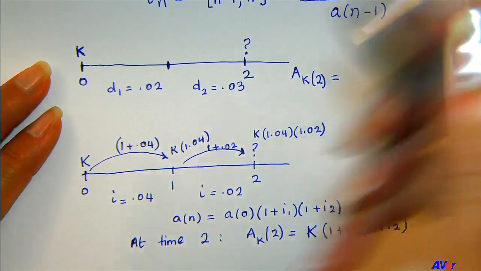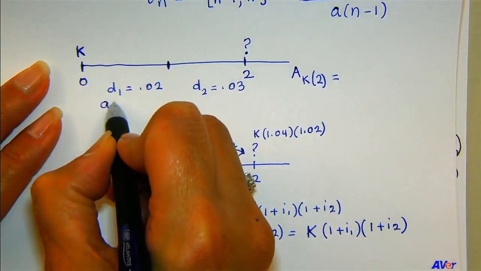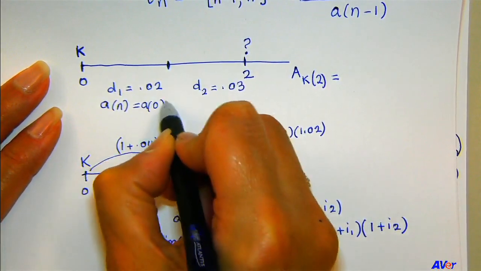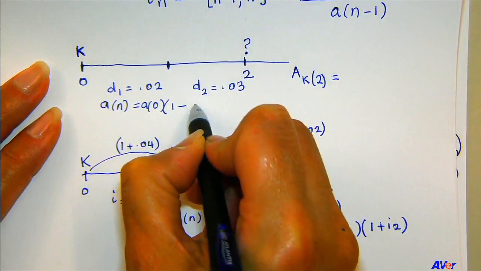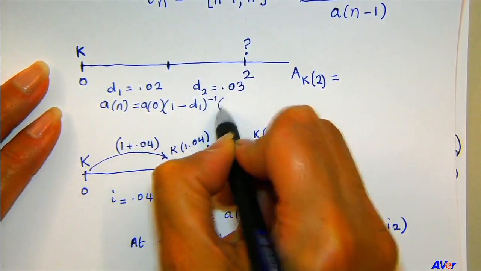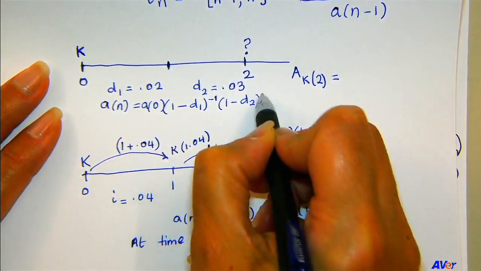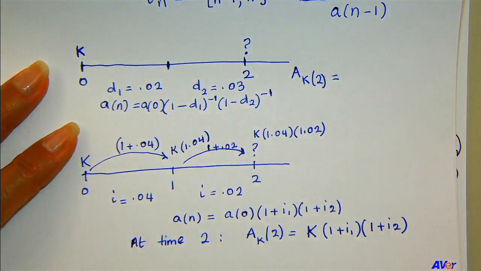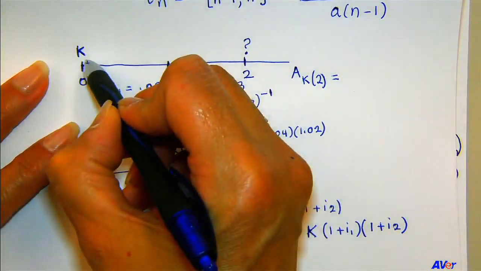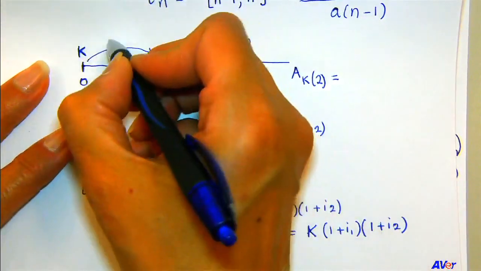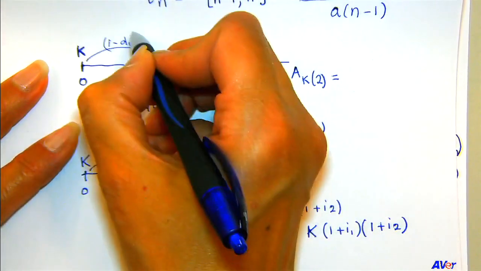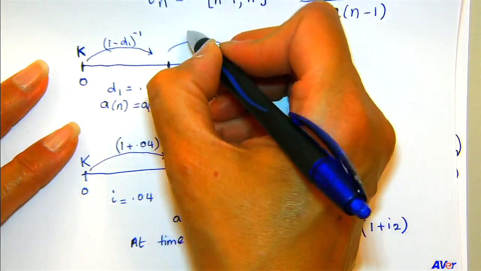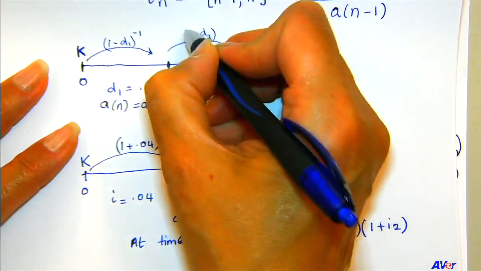That recursive formula says this, right? A of n is equal to a of 0 times (1 minus d1) to the minus 1 and (1 minus d2) to the minus 1. And then I stop because I'm only talking about 2 years. So it's saying in order to go from here to here, you better multiply by (1 minus d1) to the minus 1. And to go from here to here, you better multiply by (1 minus d2) to the minus 1.